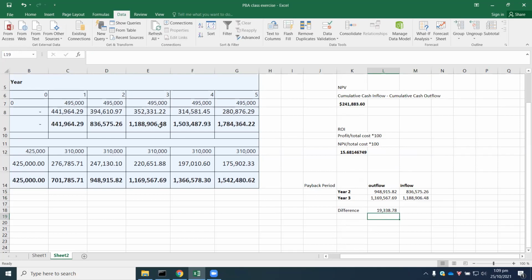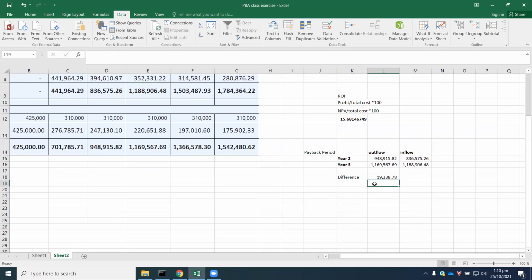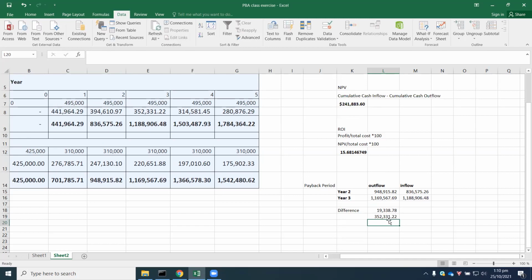So the difference, I would think it would be 495, sorry, not 495, but yes, this is the value it might be. Let's have a look. You have 1,188,896.48, not divide by, but subtract it with the value that you have there. So you get $352,331.22. So that is the difference.